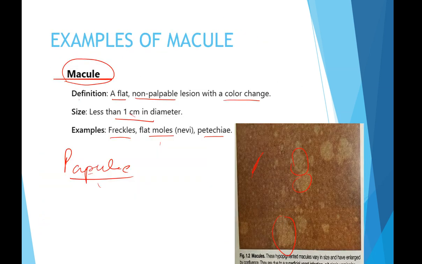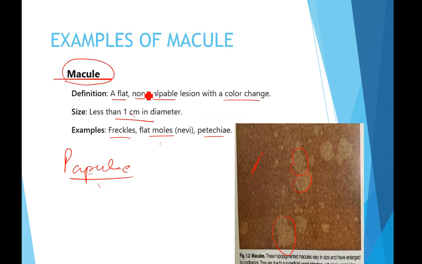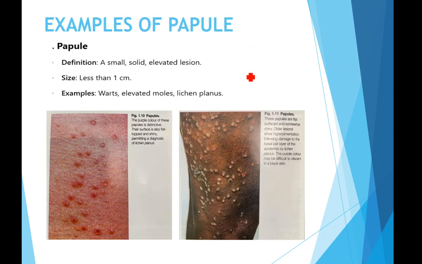Now, moving towards the papule, we have covered macule and patch, that is basically a color change skin lesion, it's a primary lesion. Now, moving towards the third category, that is a papule. Papule belongs to the group that is basically elevated or raised lesions. So the papule is basically a part of the skin lesions that are related to the elevations.